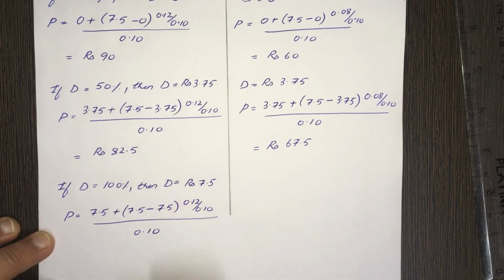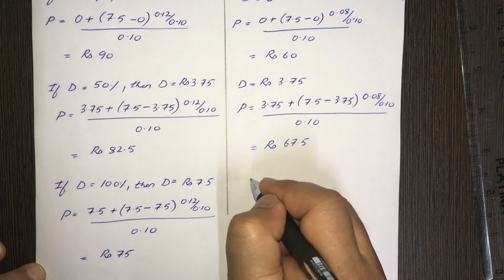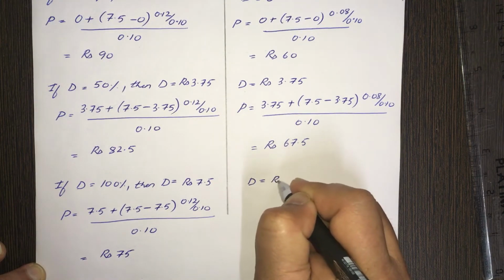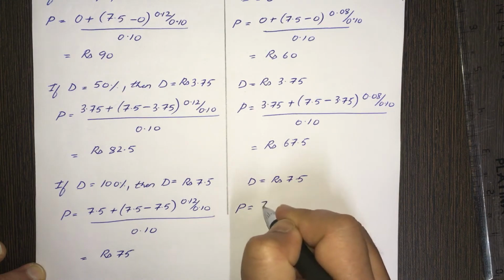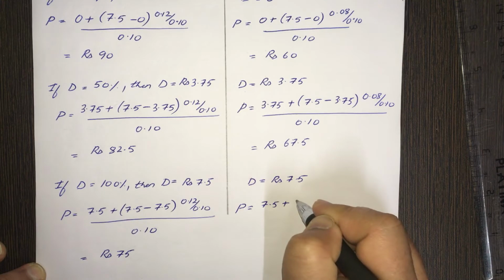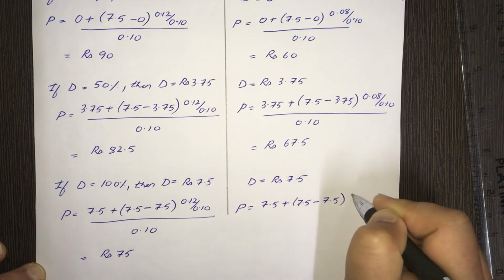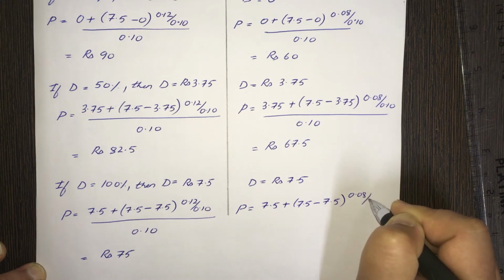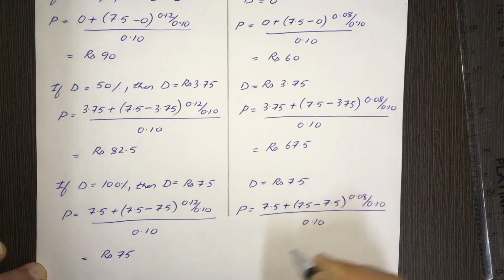Now when you solve that, you'll get 75 rupees. That's the market price per share. Again here, when D is rupees 7.5, so P is equal to 7.5 plus 7.5 minus 7.5 into 0.08 divided by 0.10, the whole thing divided by 0.10.